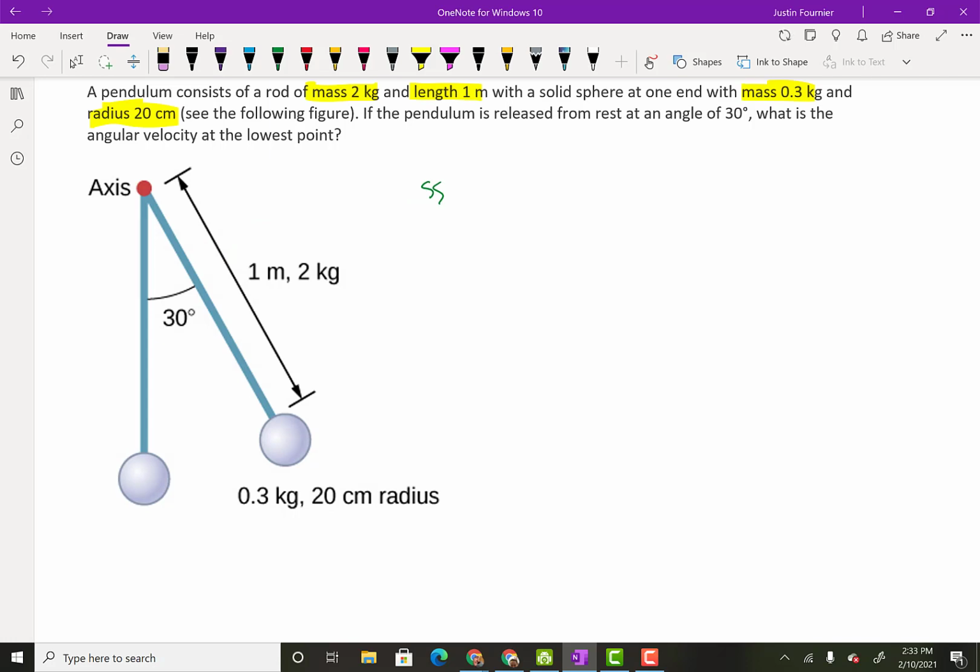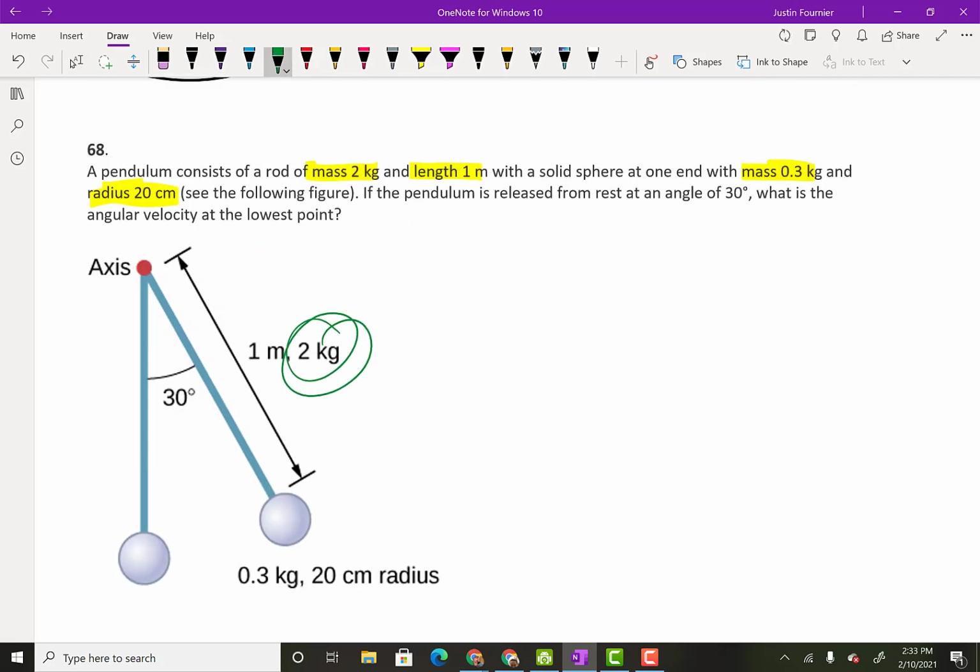However, that's not the case anymore. This is a 2 kilogram rod, and the ball at the end only has a mass of 0.3 kilograms. That's a significant amount of mass for this rod. So I cannot just assume that all the mass is concentrated at the end here.